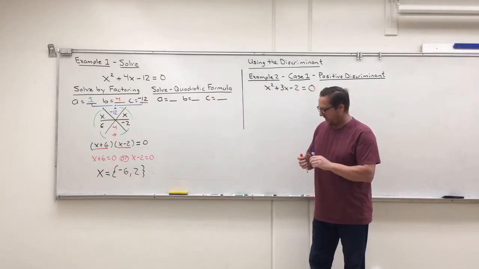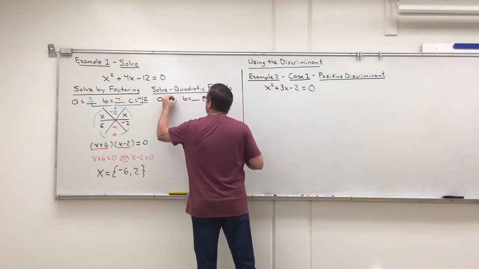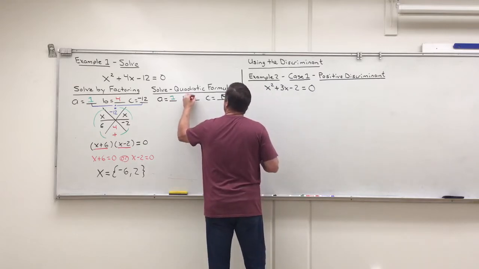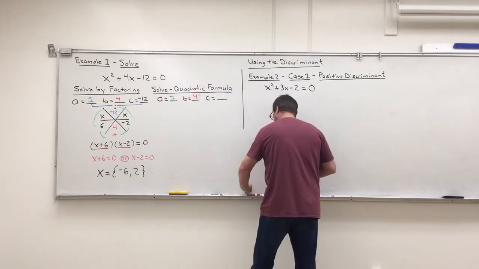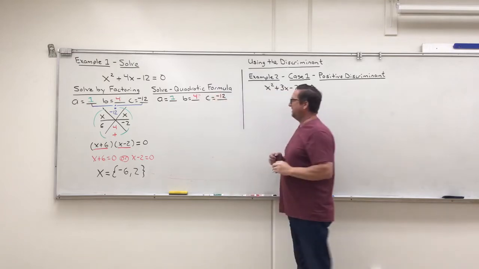It's exactly what we just did before. Here's our 1, our 4, and our negative 12.